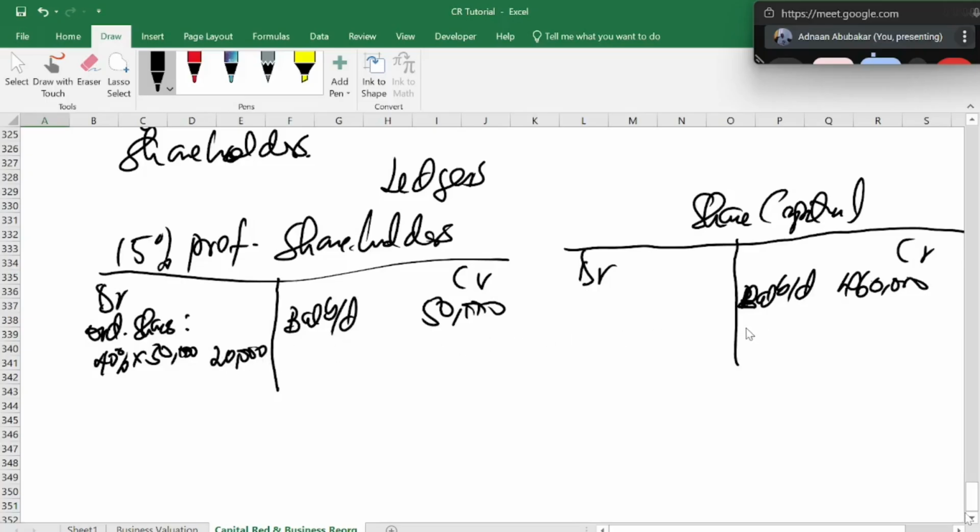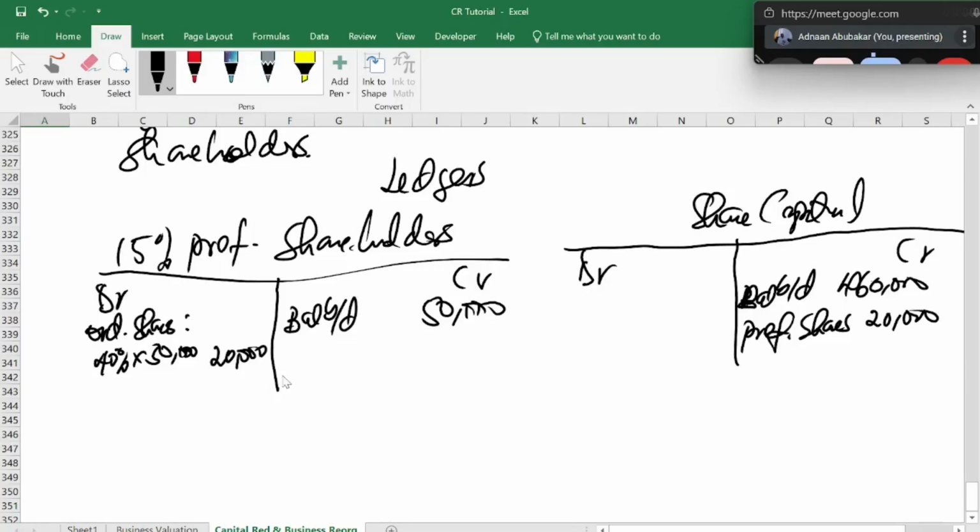Then you credit the preference shareholders, the first one you wrote, stated share capital. Your preference shares will be 20,000 here. They are adding 20,000 here.